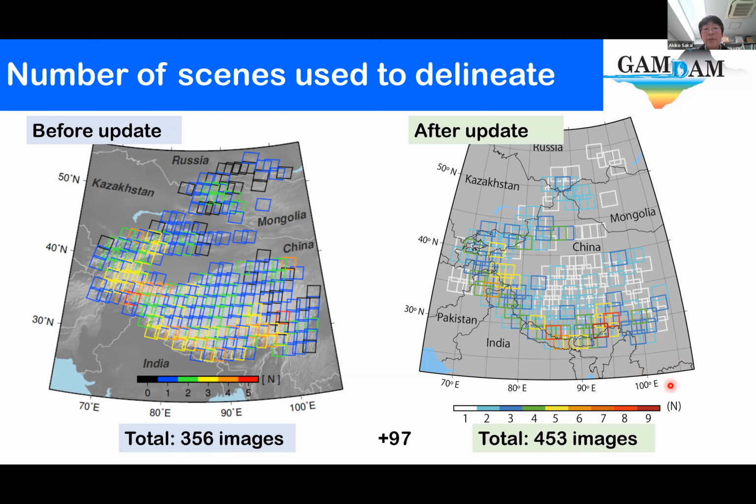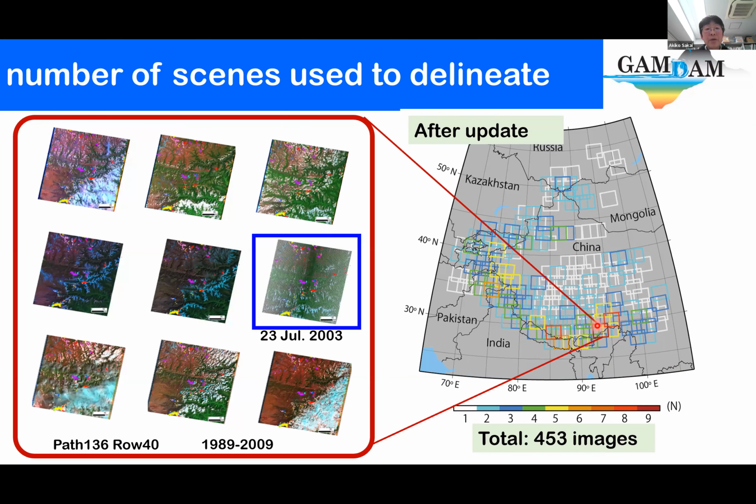In the Tibetan Plateau, we usually use only 1 or 2 images, but the Himalaya and Southeast Tibet, Hengduan Shan, required many images. Maximum number is 9 here. And here are the 9 Landsat images that I used for this path-row scene.